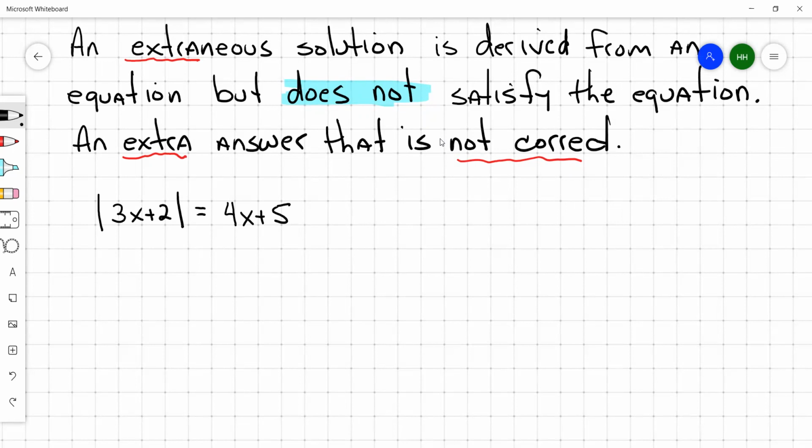The first equation is 3x plus 2 equal to 4x plus 5. The second equation is 3x plus 2 equal to the opposite of the 4x plus 5.